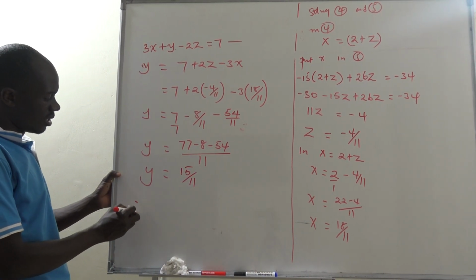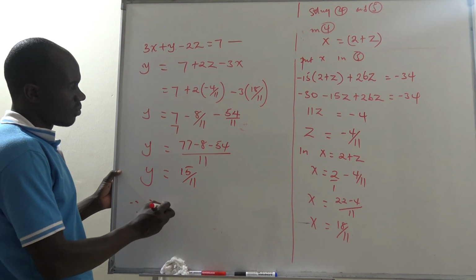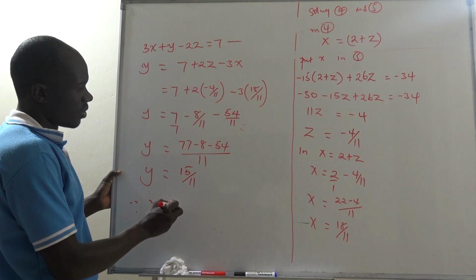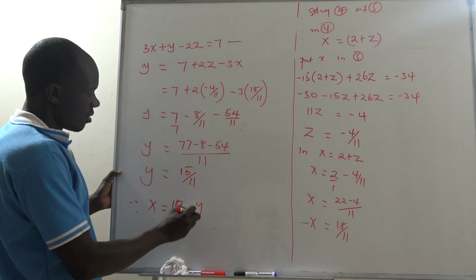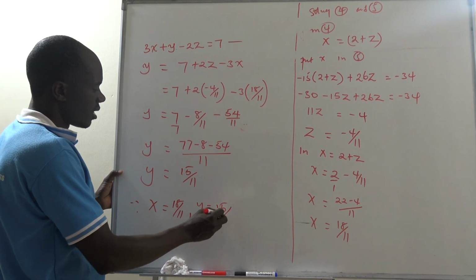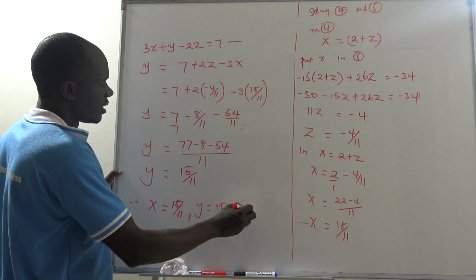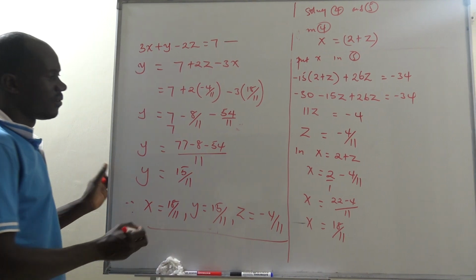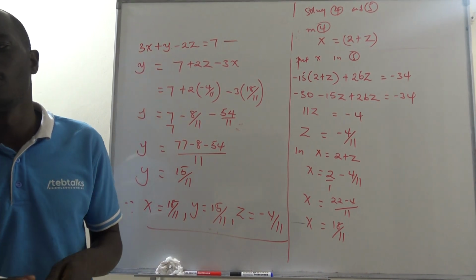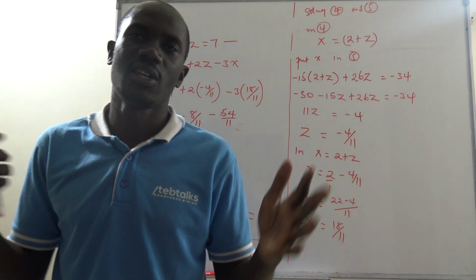So you can conclude therefore x = 18/11, y = 15/11, and z = -4/11. That's how we solve such kind of simultaneous equations.